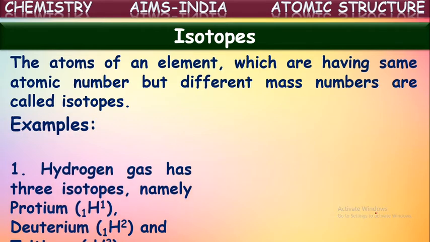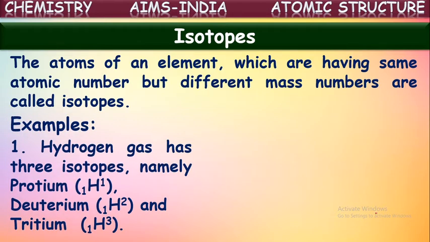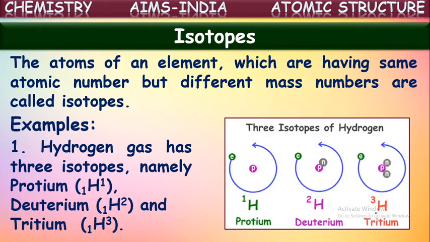For example, hydrogen gas has three isotopes, namely protium, deuterium, tritium. These three are isotopes of hydrogen. See, diagrammatically you can represent it like this. The first one, protium: the number written in the subscript represents the atomic number, meaning the number of protons.